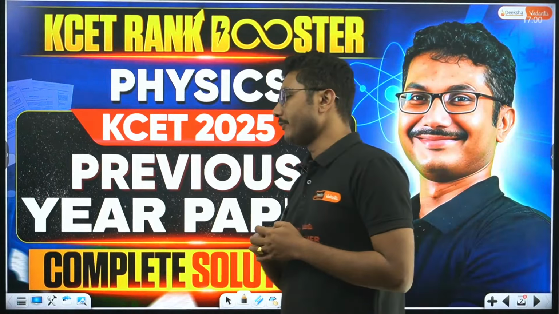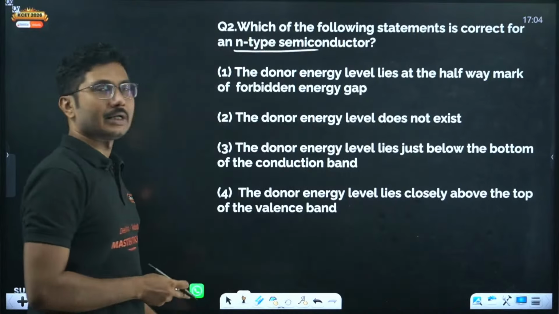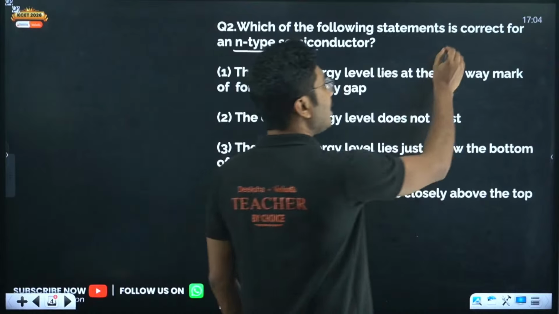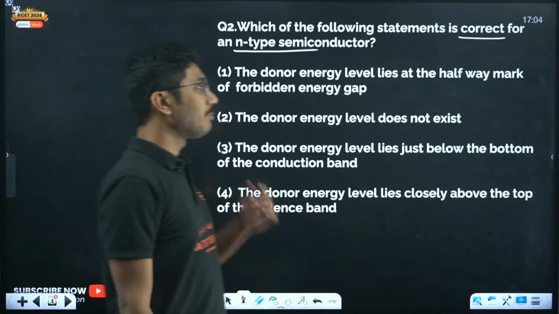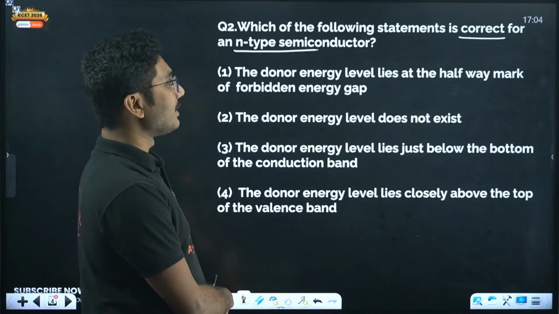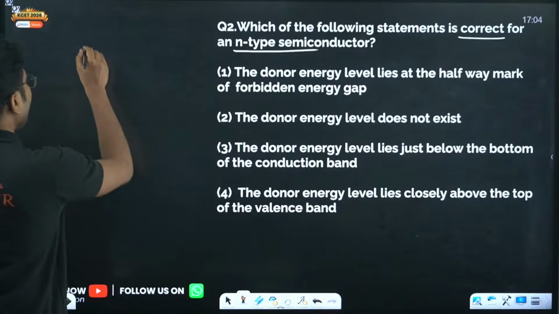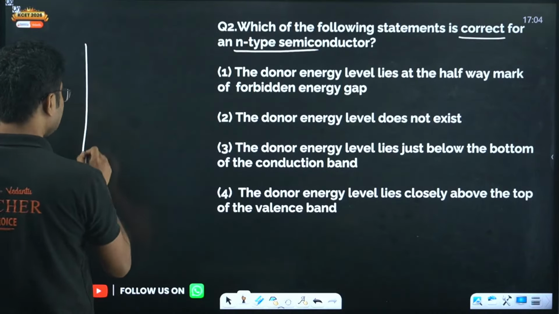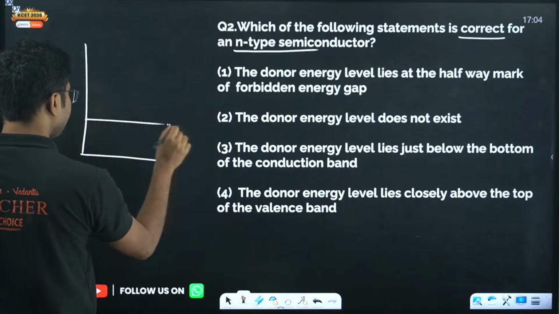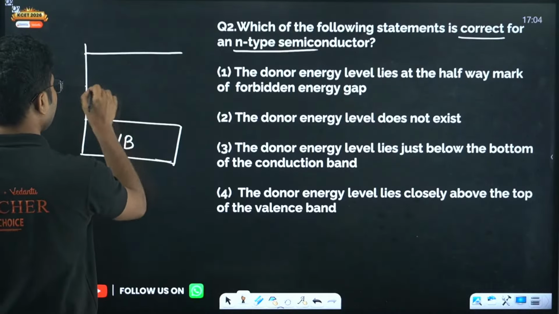Which of the following statements is correct for N-type semiconductor? We have to find the correct statement, not the incorrect one. The donor energy level lies at the halfway mark of the forbidden energy gap. If you see, N-type basically consists of the valence band and the conduction band.